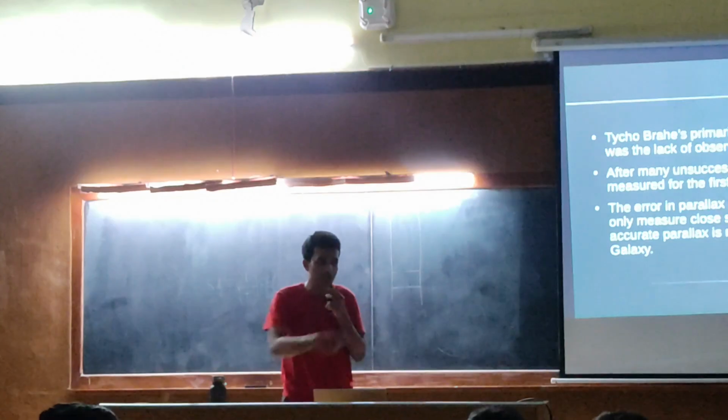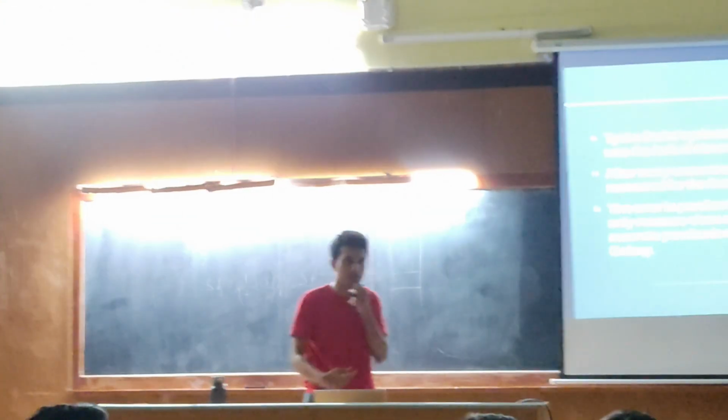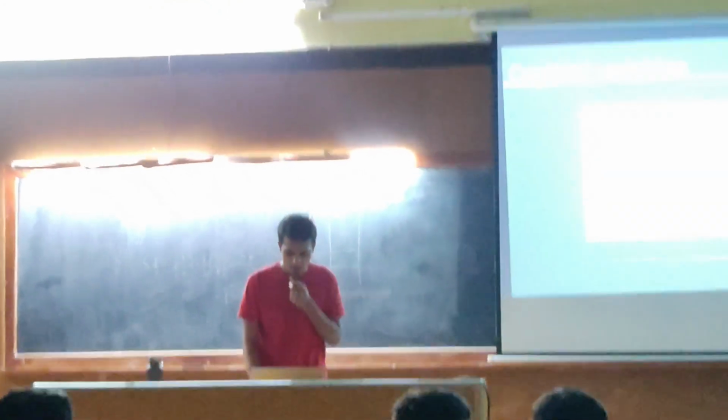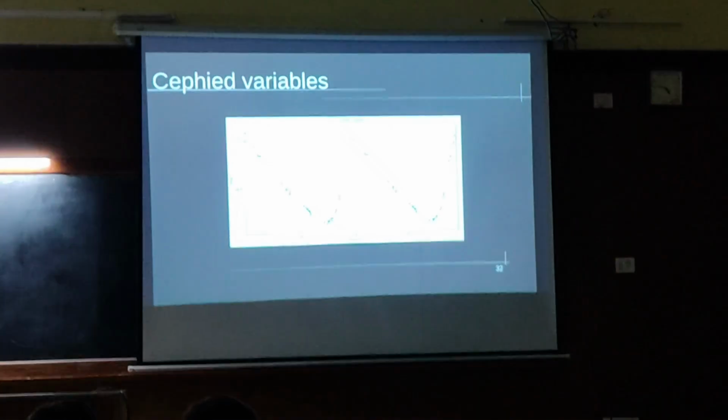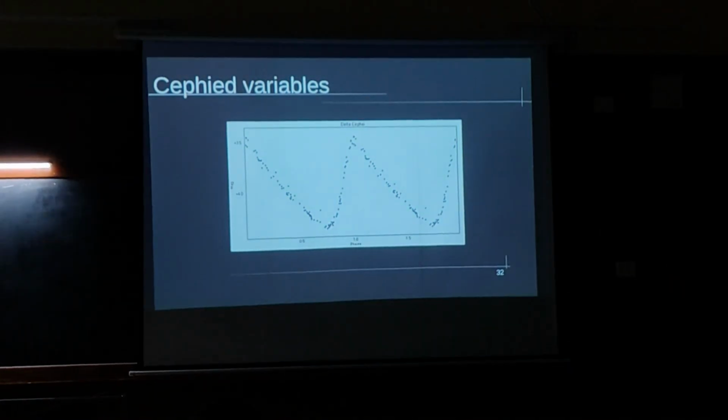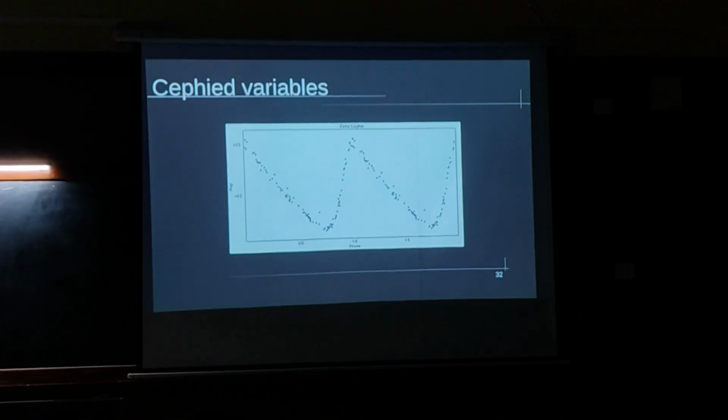So how do we proceed from here? How do we know distances which are much larger than the distances to the nearest stars? There are these stars called Cepheid variables. The first star of this type was observed in the constellation of Cepheus, and they have a very interesting relationship.